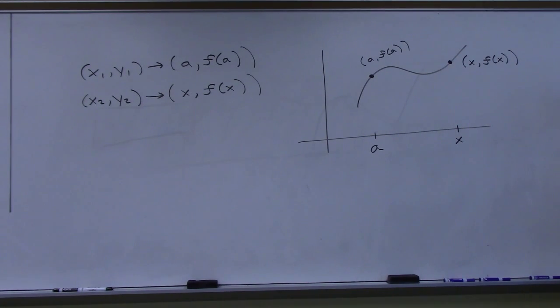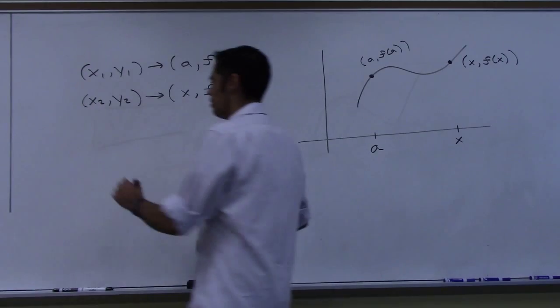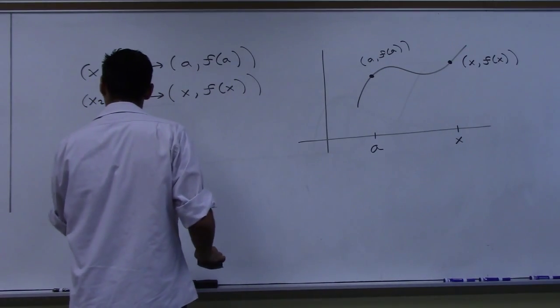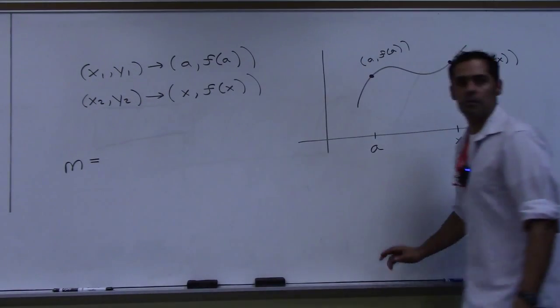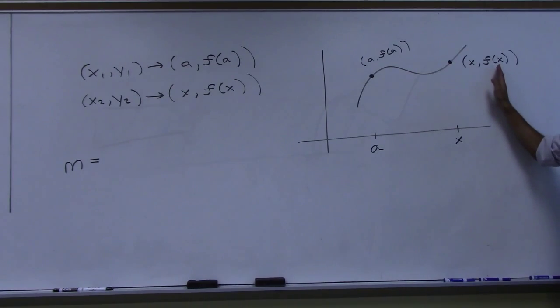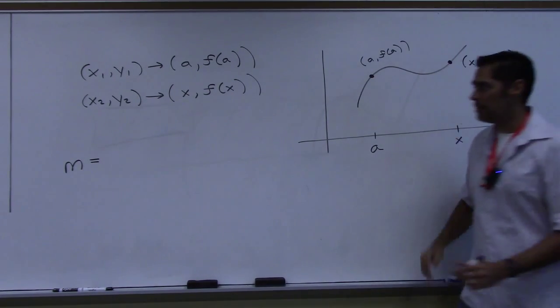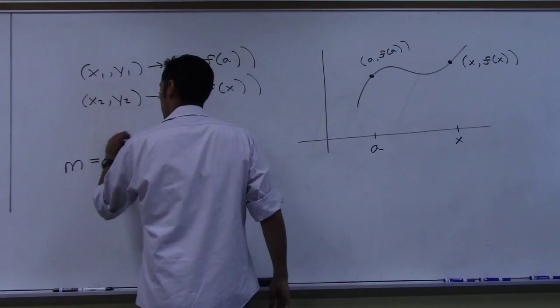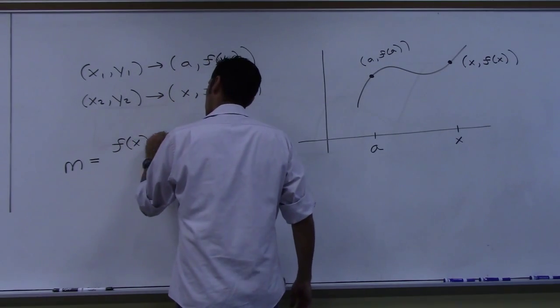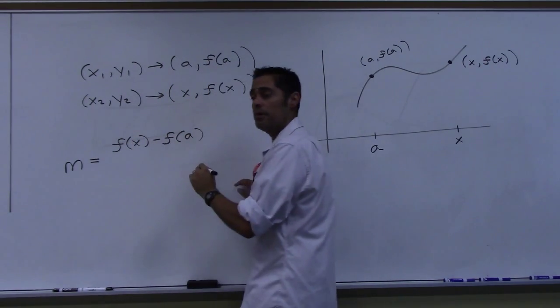First of all, what's the slope of the line through those 2 points? So what is the slope? f of x minus f of a. f of x, so it's y2 minus y1. So f of x minus f of a. Do you all agree with that? Everyone? Yes?